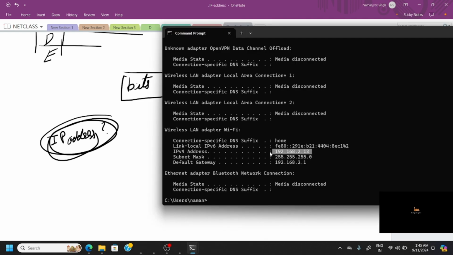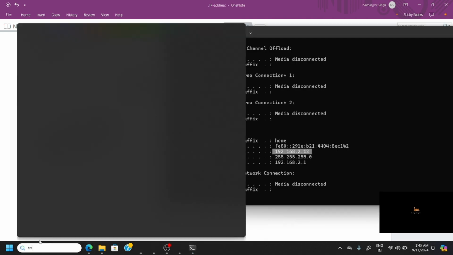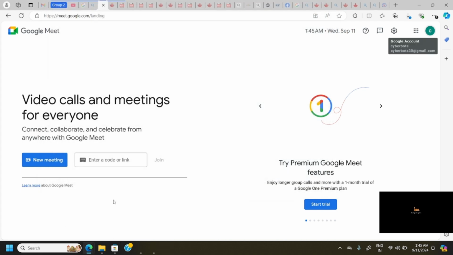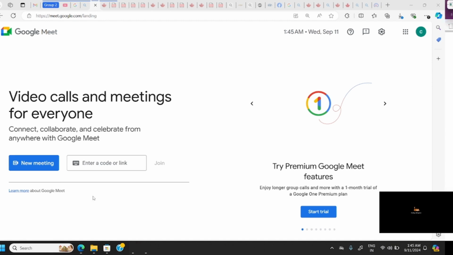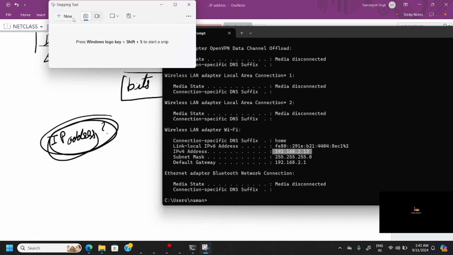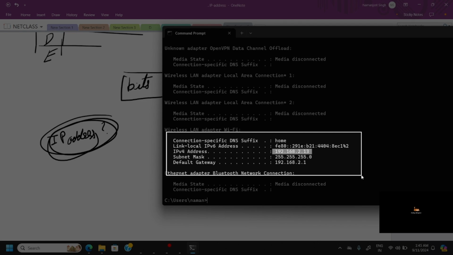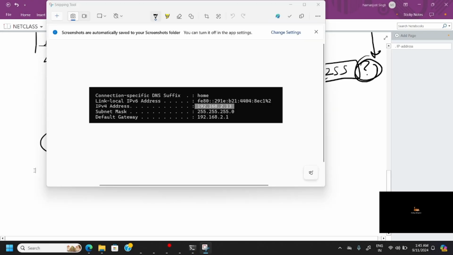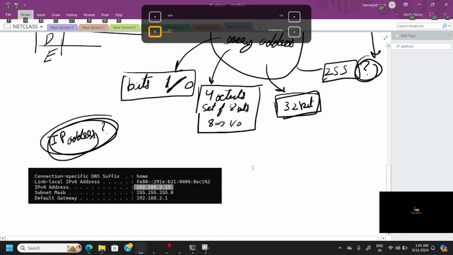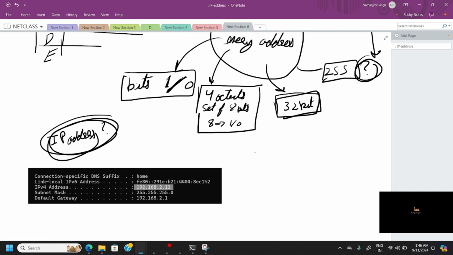Let's take a screenshot of this, that would be better. So we are talking about our PC, which has the IP address 192.168.2.13. How does this number come about?